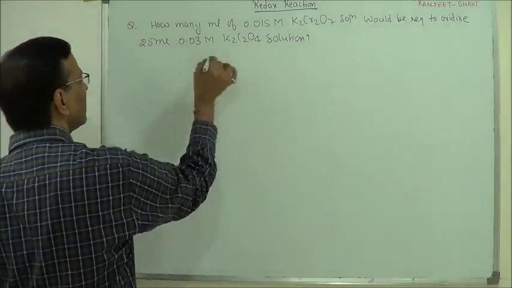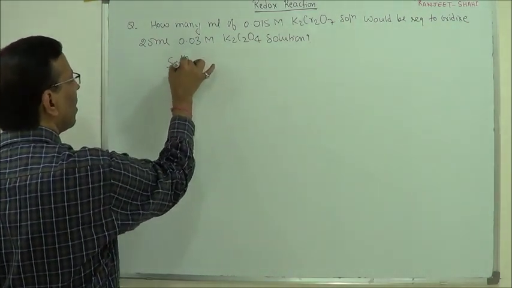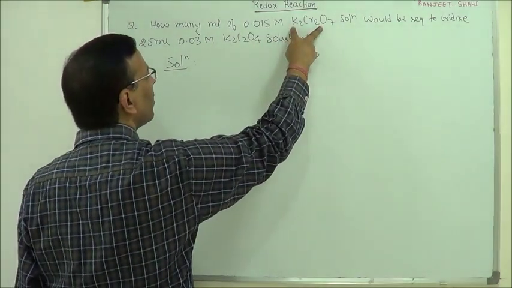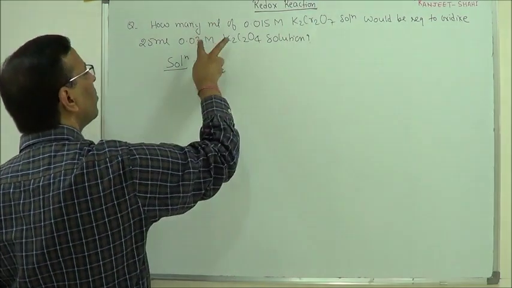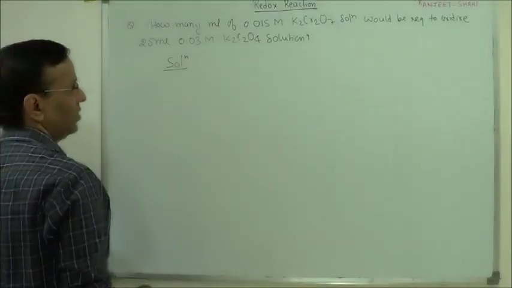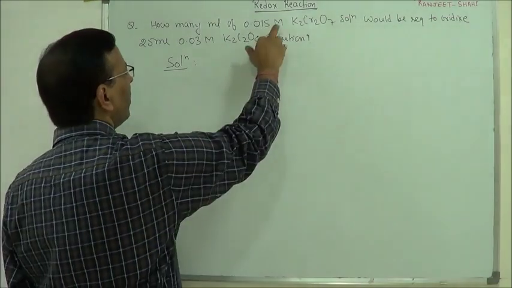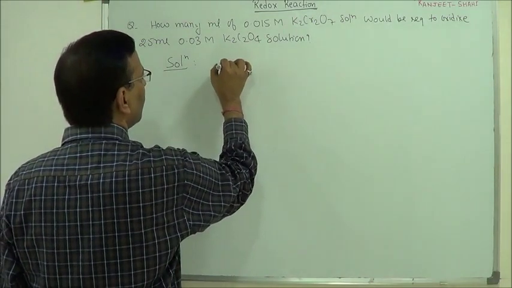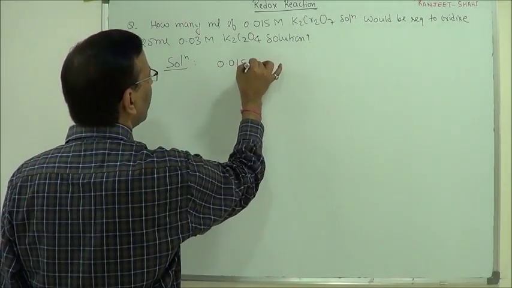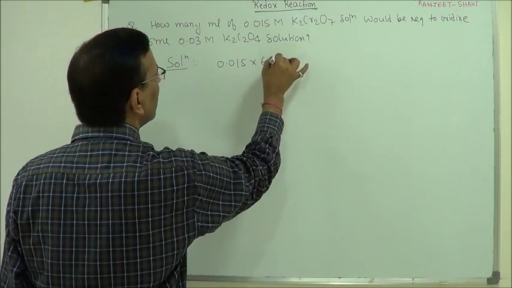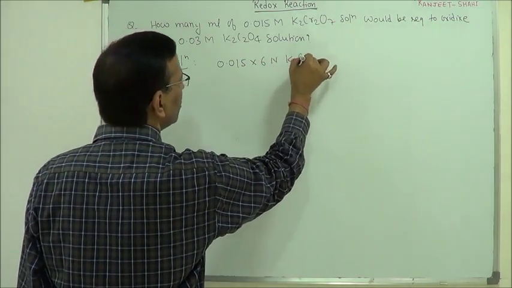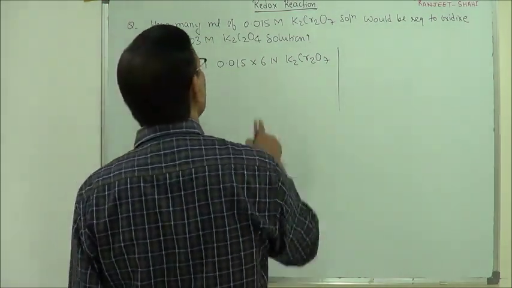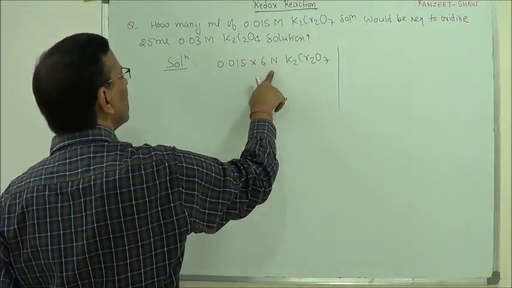So now we can say that once again the total gram equivalent of potassium dichromate required will be equal to the gram equivalent of potassium oxalate, and for that we'll have to convert both molarity into normality. So 0.015 into 6 normal K2Cr2O7, since the N factor of dichromate is 6.